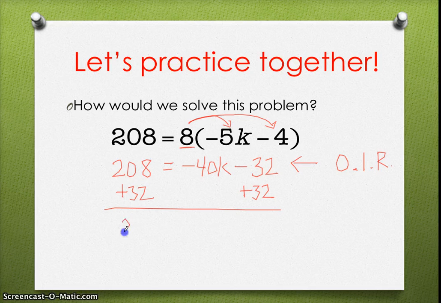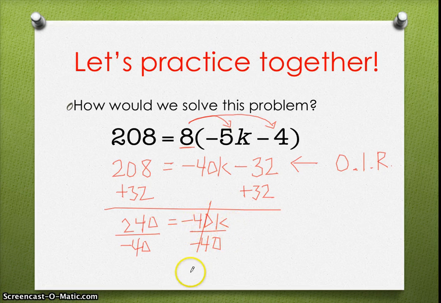So that gives me 240 equals negative 40k. And then in order to close this out, I'm going to divide both sides by negative 40. This negative 40 on top, on the bottom, with the identity property, change this to a 1.